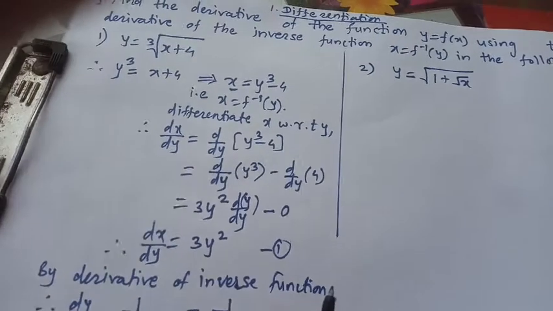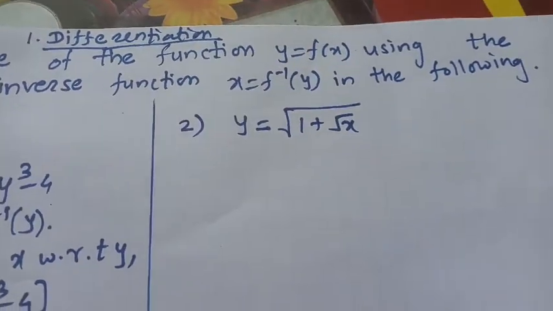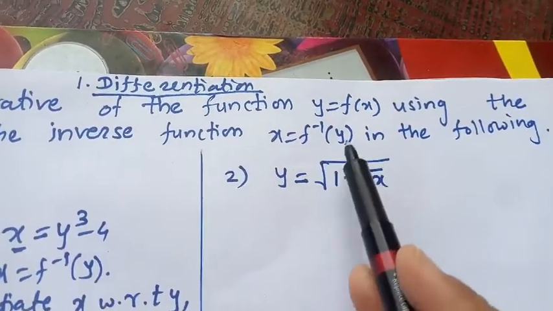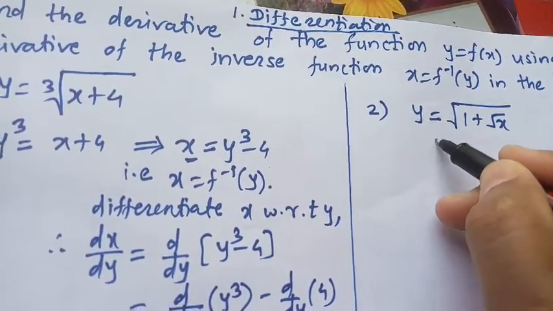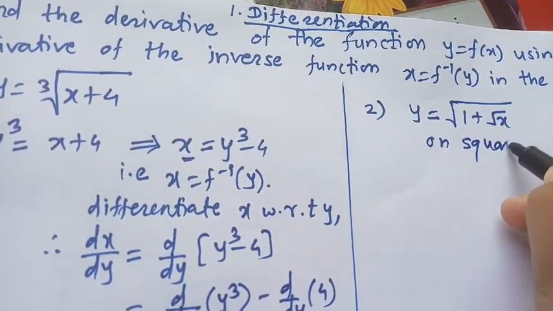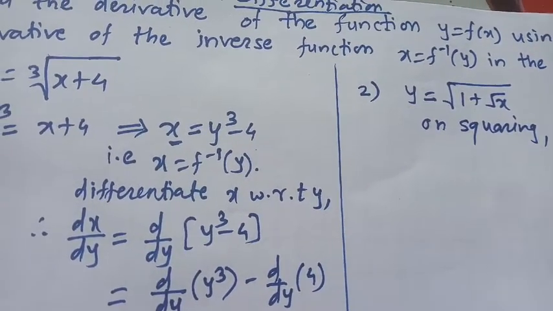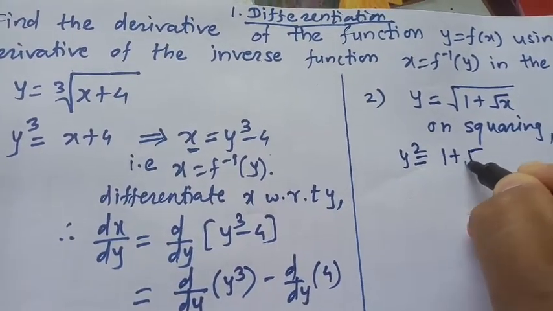Now let us see the next example. Second example, y is equal to the square root of 1 plus root x. So squaring on both sides, y square is equal to 1 plus root x.